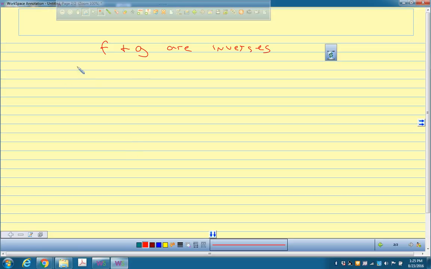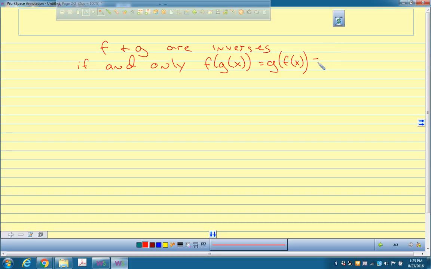Inverses if and only if f of g of x is equal to g of f of x, is equal to x for all x in the domain of f and g. Okay?